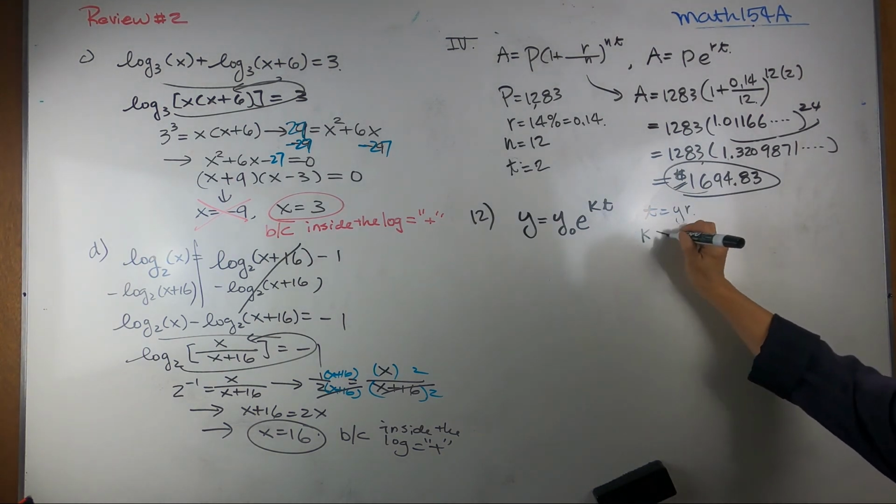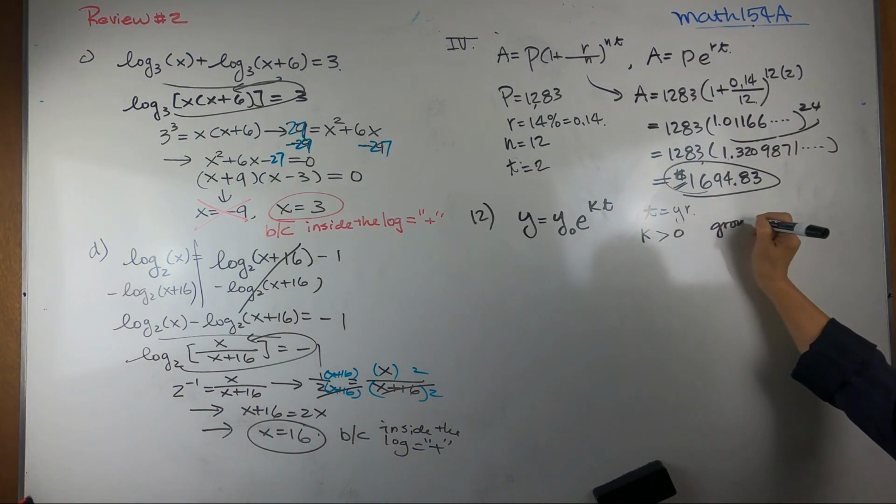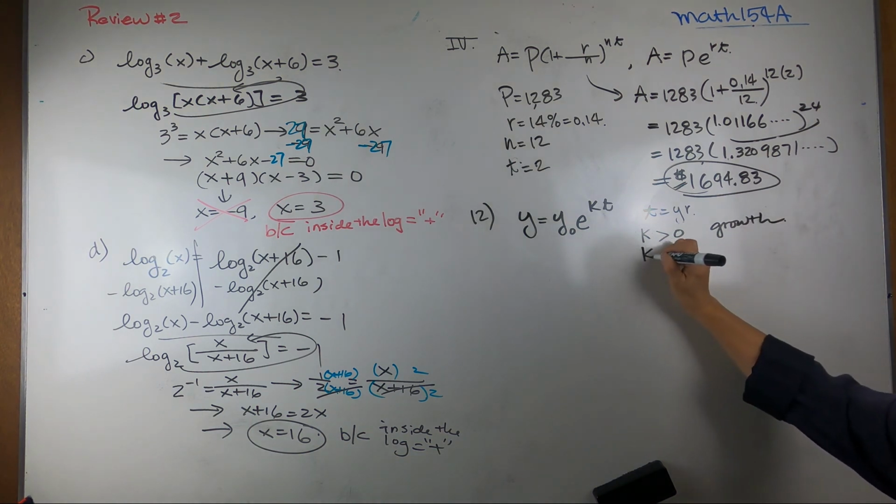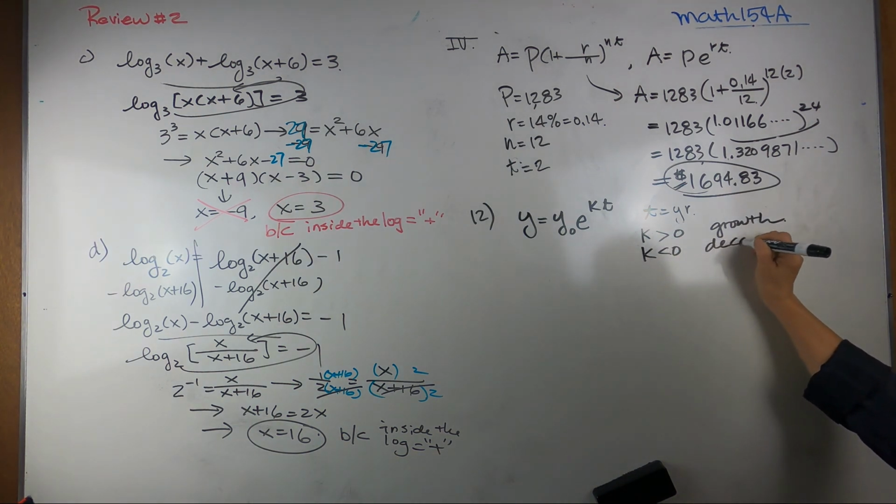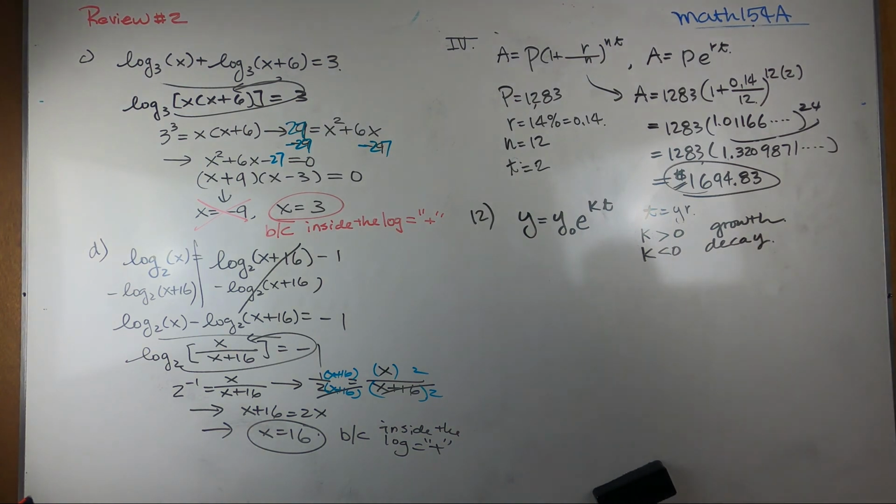If k is bigger than 0, that would be growth, right? If k is less than 0, that would be decay, right? So the question is saying, if 200 pounds of this substance is dumped in the Nevada desert, how long will it take for half of it to be gone if it declines at the rate of 0.01% per year? Round your answer to the nearest tenth of a year, right?